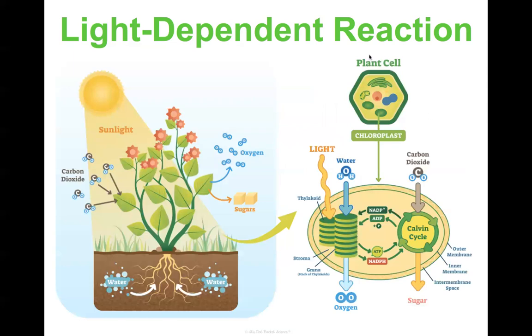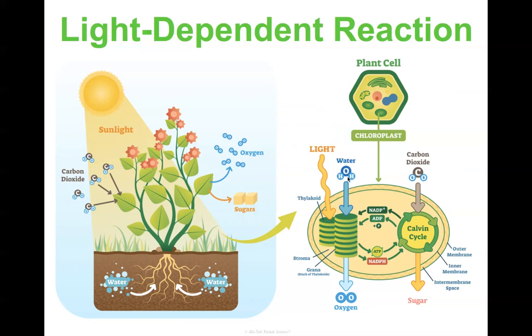So here's what's happening at the organism level, but this light-dependent reaction isn't happening at the organism level. It's at the cell level. So let's see what we've got here. We've got energy from the sun, this light here, and it's going to be passed down an electron transport chain and is stored in the bonds of the ATP and the NADPH.